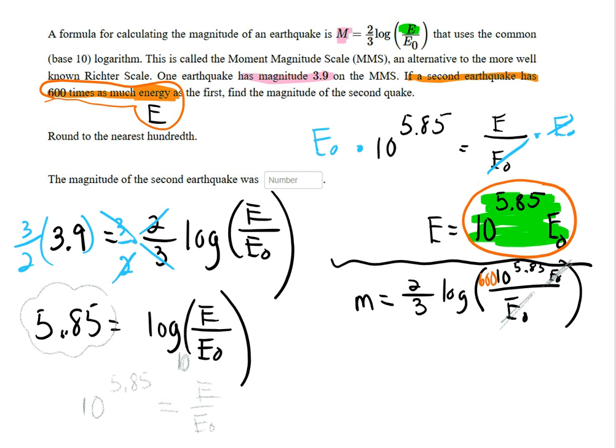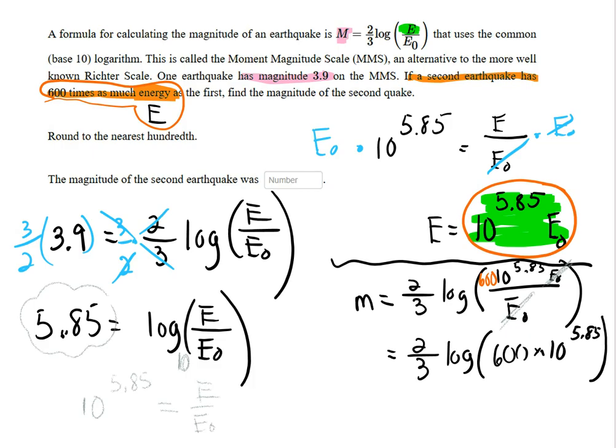There's got to be a 600 in there. But the initials cancel out, so mathematically on my calculator, I'm going to have to take 2/3 times the log of whatever 600 times 10 to the 5.85 power is.